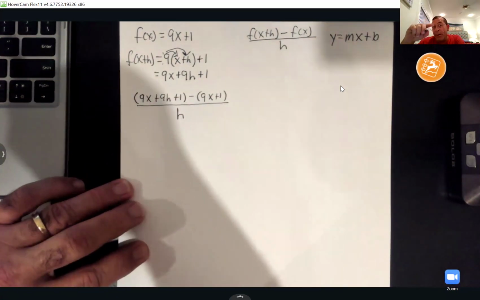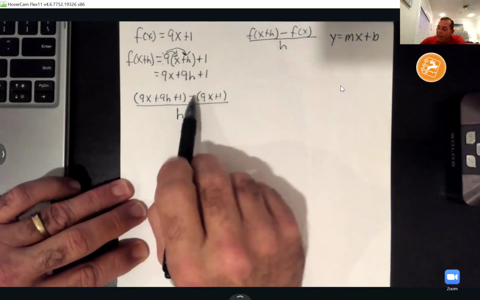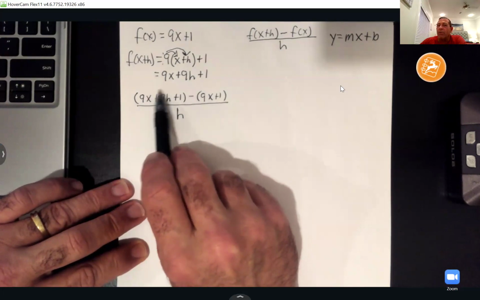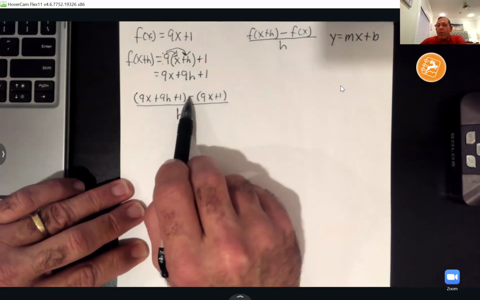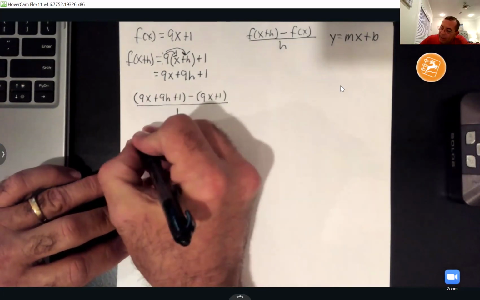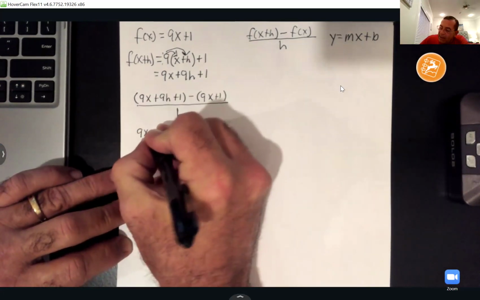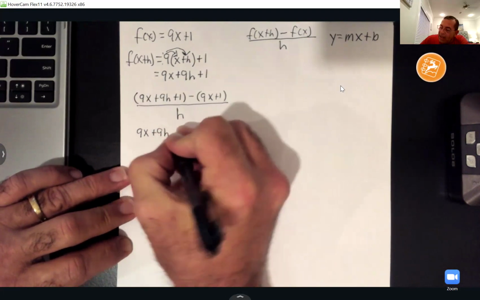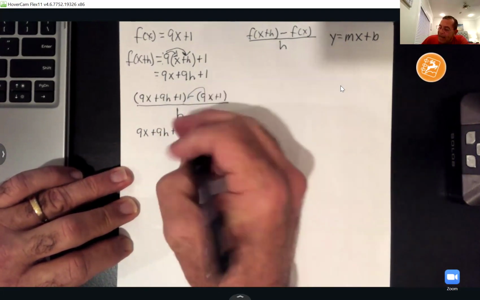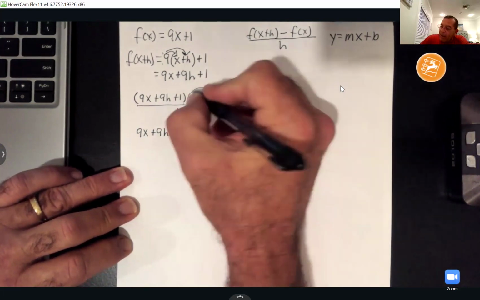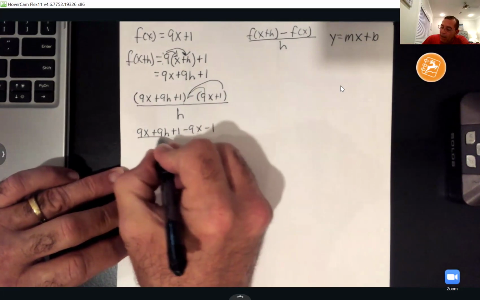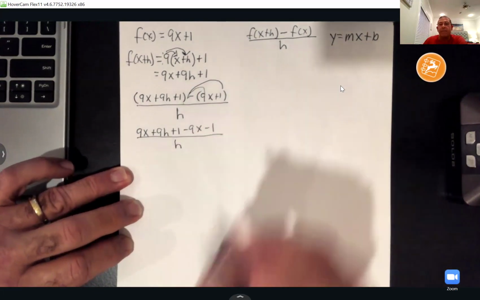Now, you remember that we're going to drop the parentheses, but I'm going to distribute my negative through the second parentheses. So I get the 9x plus 9h plus 1 minus 9x minus a positive 1 all over h.